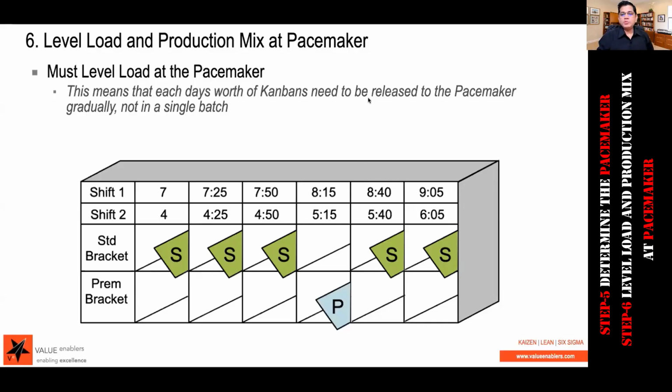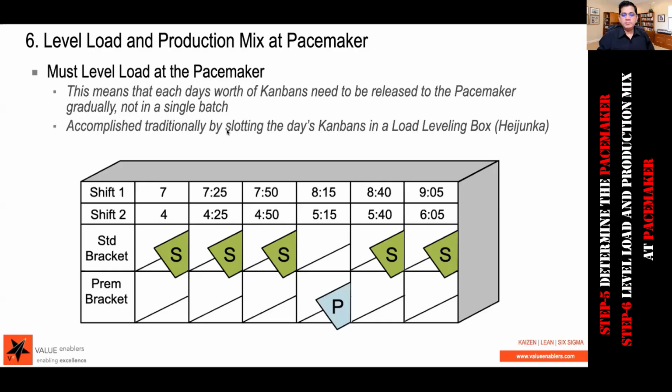And that is what it means by each day's worth of Kanban needing to be released to the pacemaker gradually, not in a single batch. Accomplished traditionally, okay? Now that tradition is gone, by slotting the day's Kanban into a box called load leveling. Why is it called load leveling? Because you're not dumping and saying, you produce for the entire day. Hourly and timely, you are giving and you are adjusting. It's called Heijunka in Japanese.